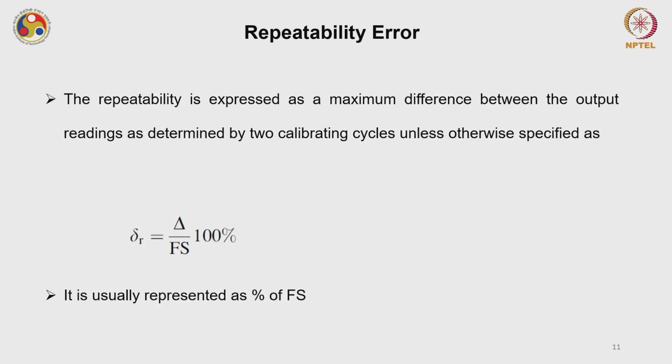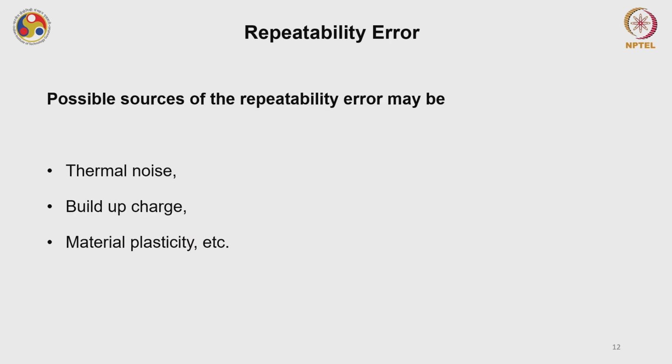The repeatability is expressed as the maximum difference between the output readings as determined by two calibrating cycles, unless otherwise specified, and it can be written in terms of full scale reading as this difference that I have just talked about divided by full scale reading into 100.